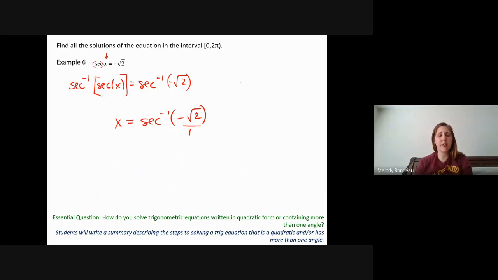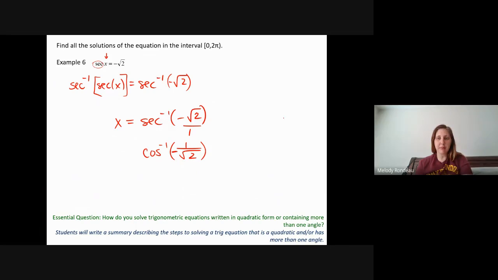So I'm looking for the secant. I want to remind us that secant is the reciprocal of cosine. So if I'm using my unit circle, it's a little easier to work in terms of cosine. So this would be the same as doing the reciprocal like so. I took the reciprocal here, which is maybe a little weird for you, but that's essentially what we're doing. We're looking for when the cosine is 1 over square root of 2.